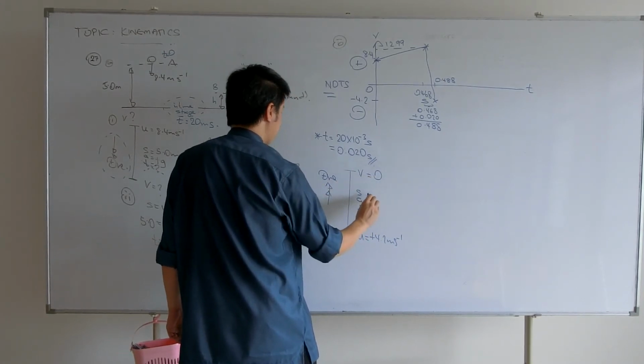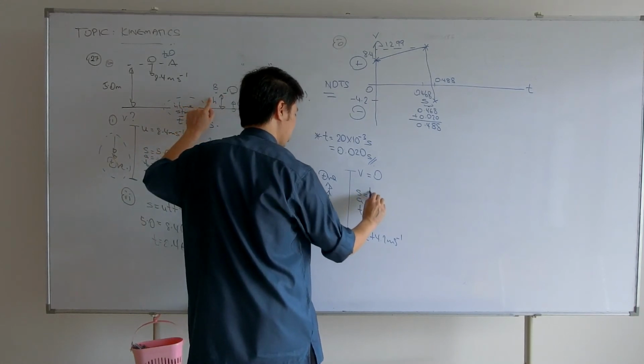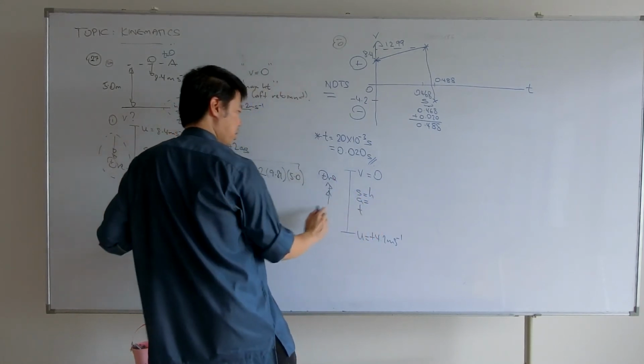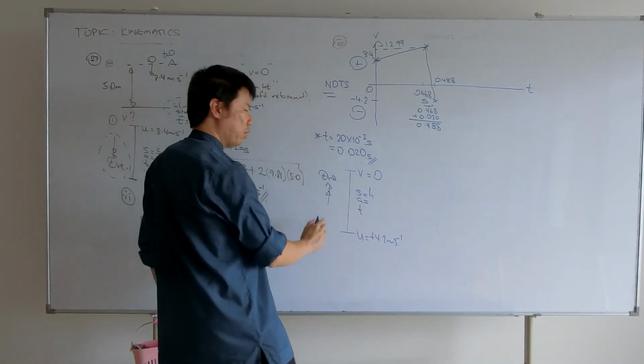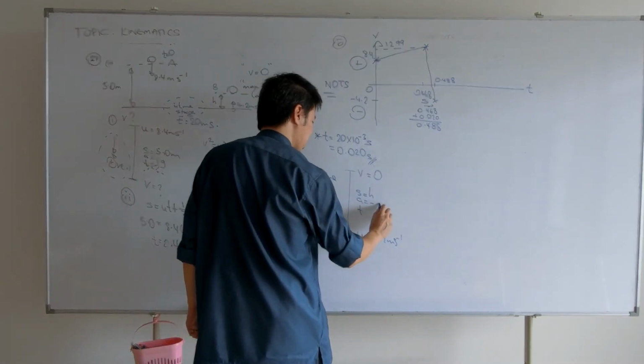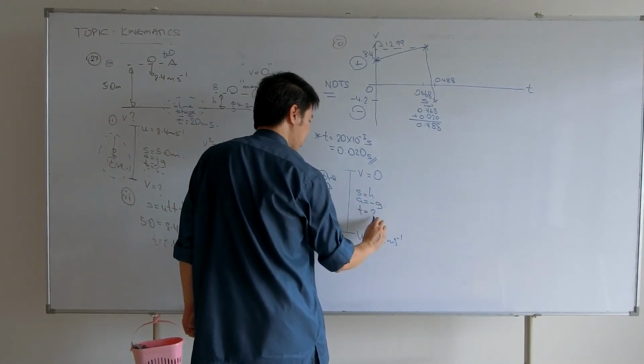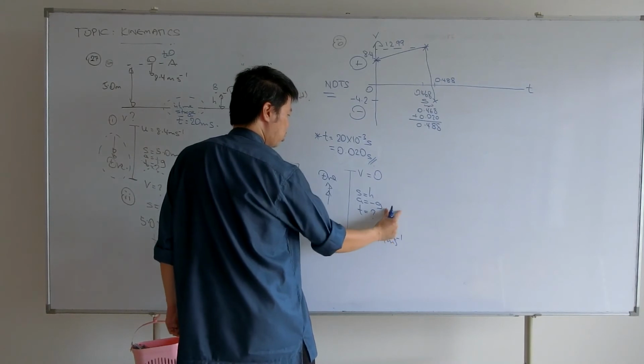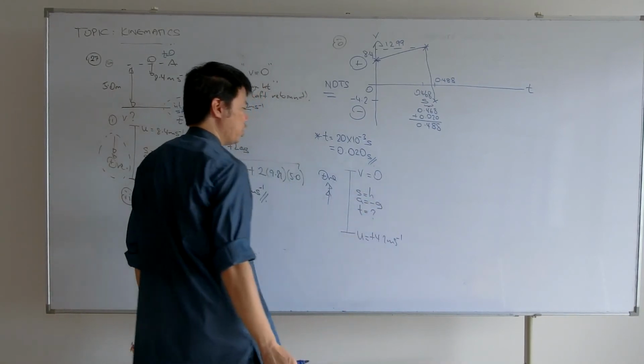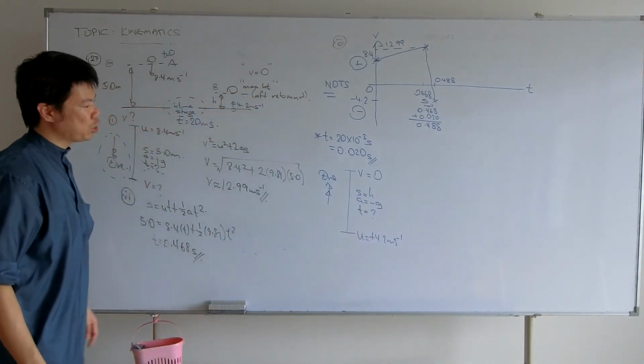We don't know what the height is. The height is actually h. Be careful, opposite direction to the pull of gravity, so acceleration becomes negative, and we just need to find time. We've got 1, 2, 3 pieces of information, which means we can solve this question.